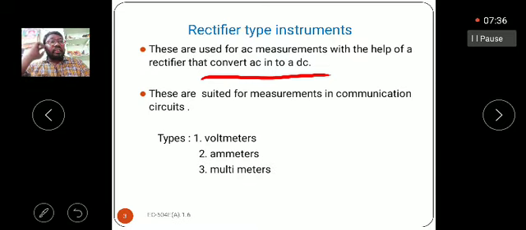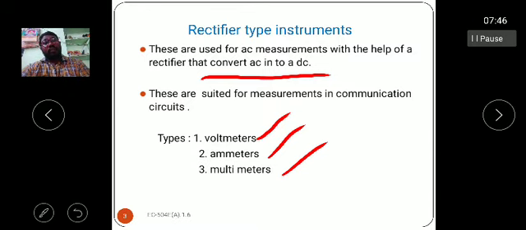These are suited for measurements in communication circuits like voltmeters, ammeters and multimeters.